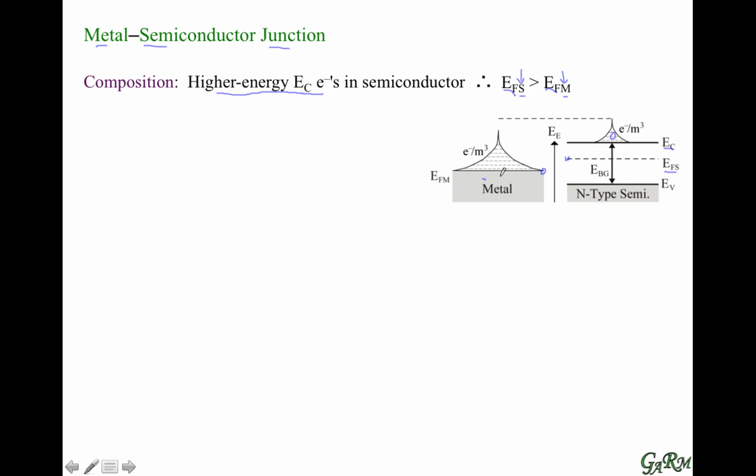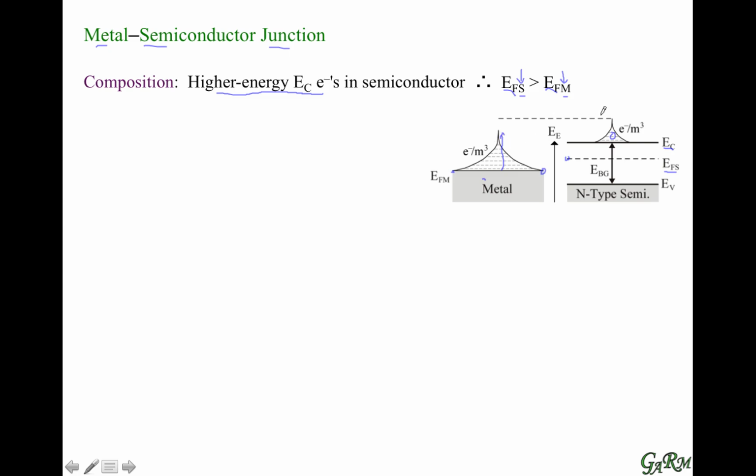In the metal, there's no band gap, for electrons do not need to overcome a band gap to enter the conduction band. So what we see here is that we have a very high concentration of electrons at the highest probability point. And as energy increases, we're going to find an exponentially decreasing number of electrons that have that energy.